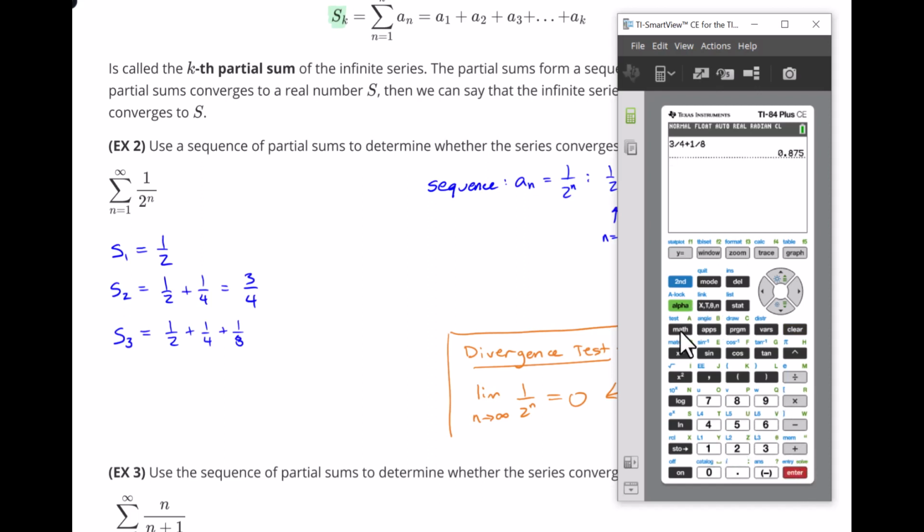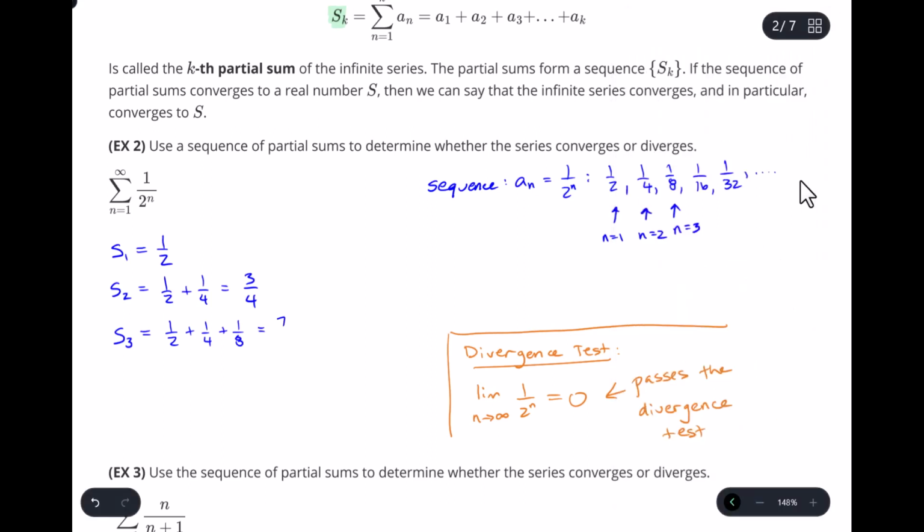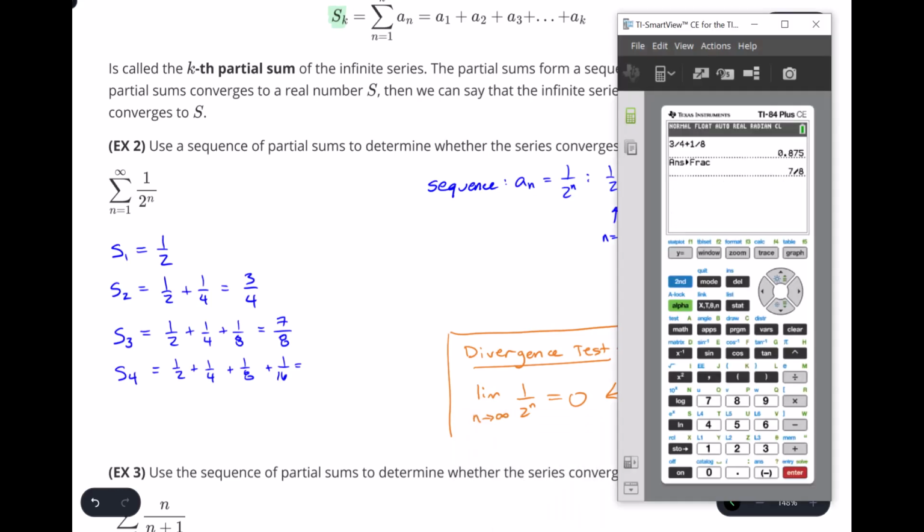And then you can use math and frac, and it will try to convert it back to a fraction if it can. So in this case it will, so that's 7/8. And that can just save you some time working with fractions. S sub 4 is going to be the sum of the first 4 terms, so 1/2 plus 1/4 plus 1/8 plus 1/16. So what we have so far, plus another 16th.